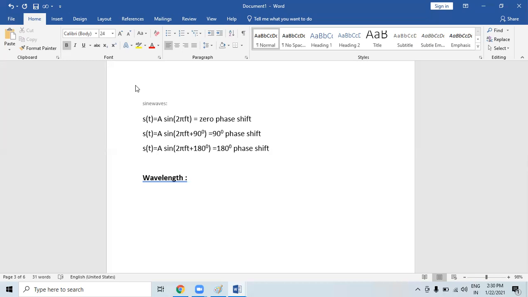Wavelength relates the frequency of the sine wave with the speed of propagation as follows. Wavelength, indicated with lambda, is equal to propagation speed divided by frequency. This is the formula of wavelength.